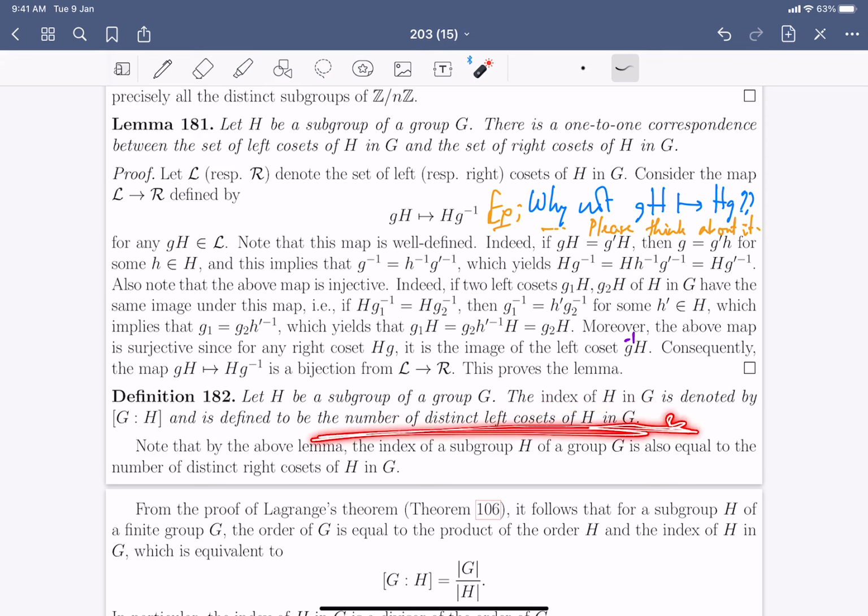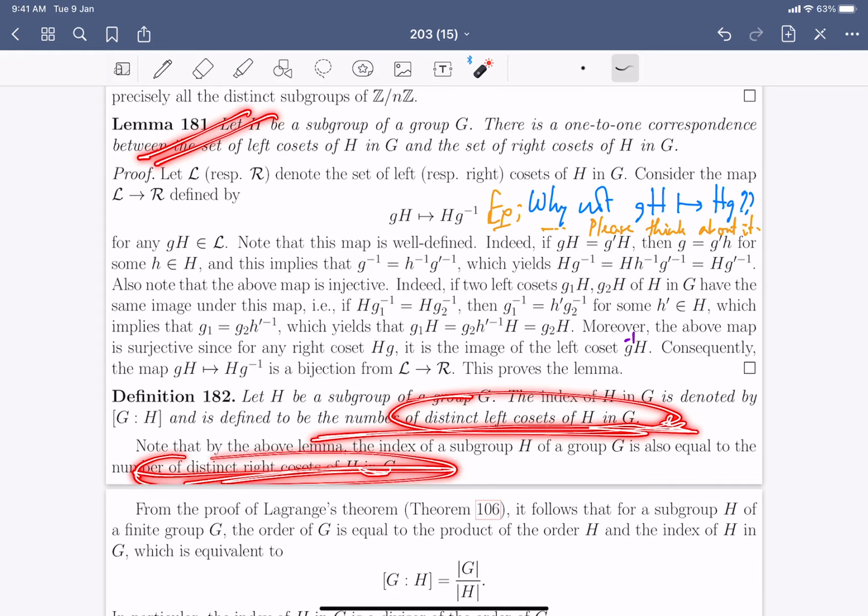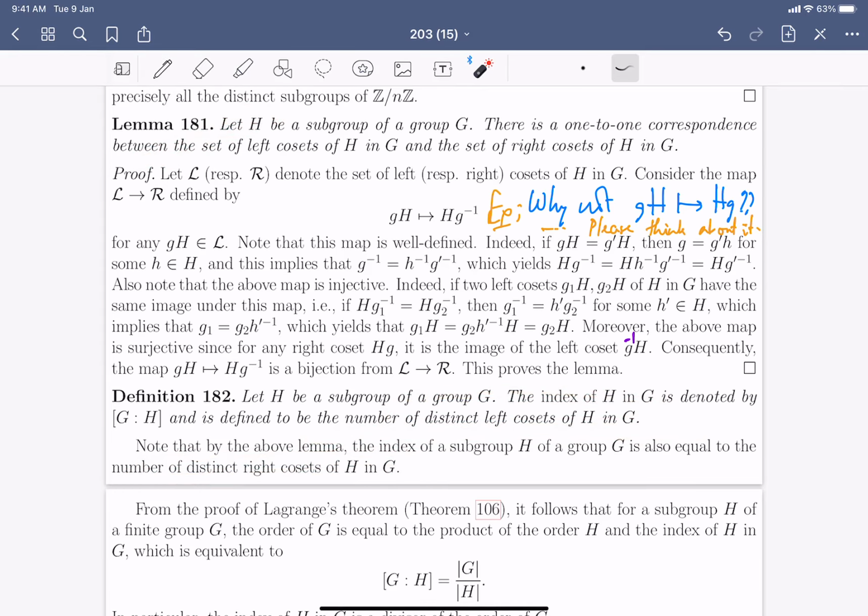You can also define it to be the number of distinct right cosets, because this lemma says these two numbers are the same. This index is often denoted by G colon H within square brackets.